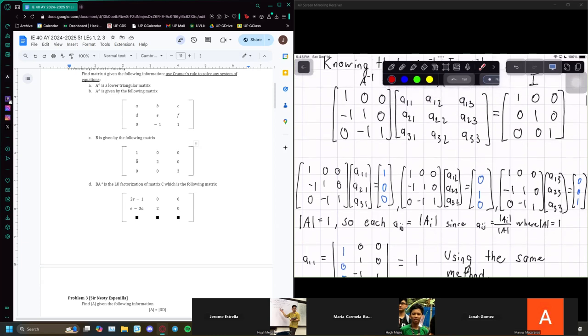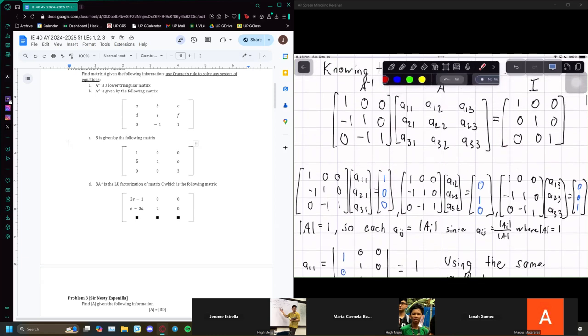So we take the first column in the unknown matrix and the first column in our identity, then the second column goes there also, and then the third column, third column.